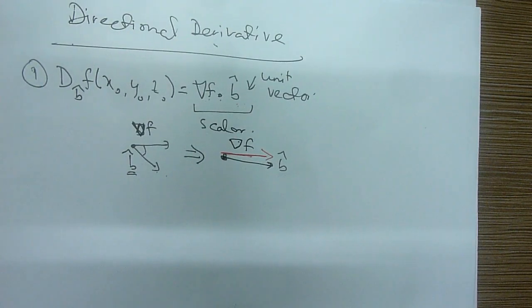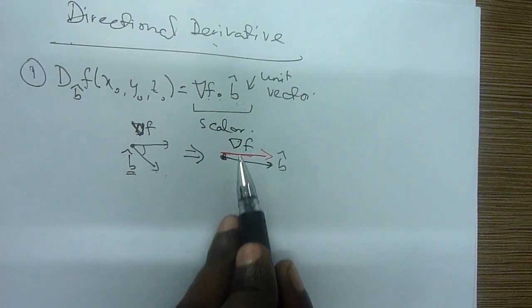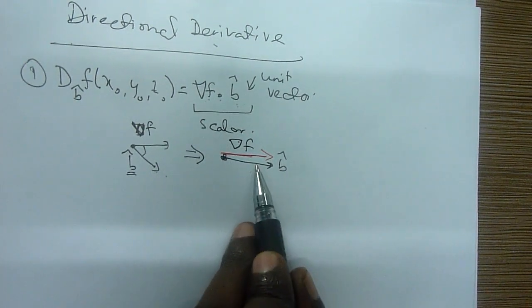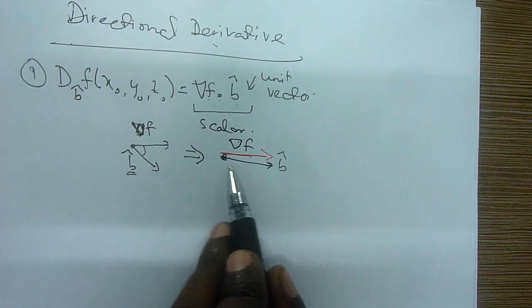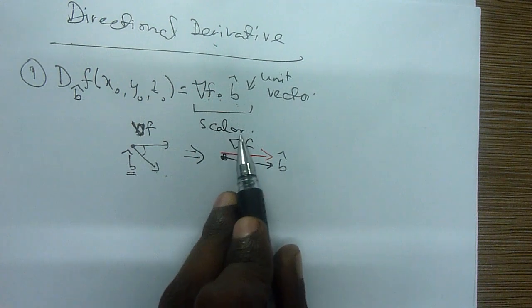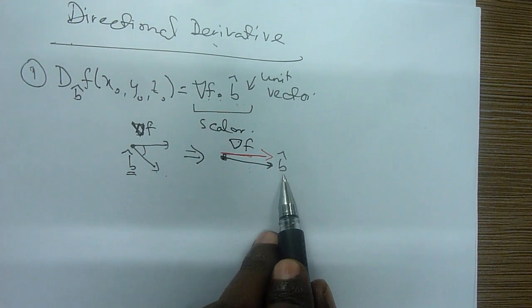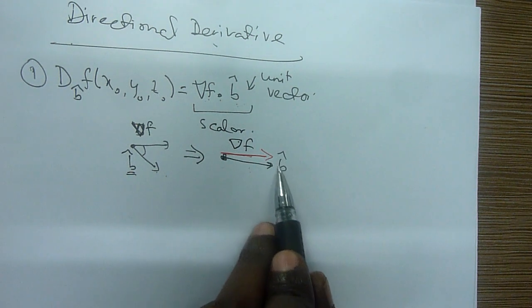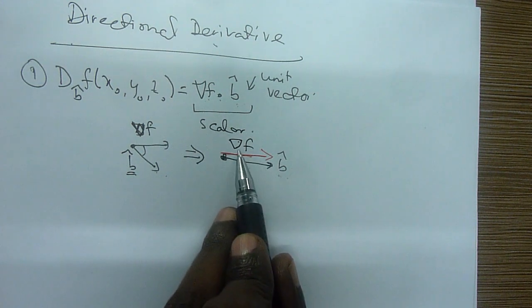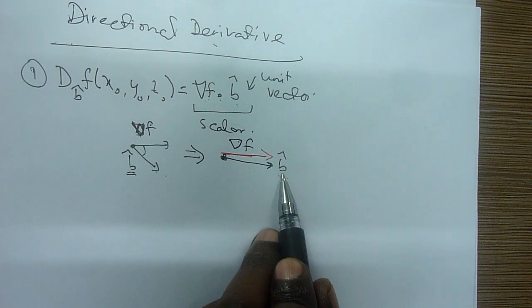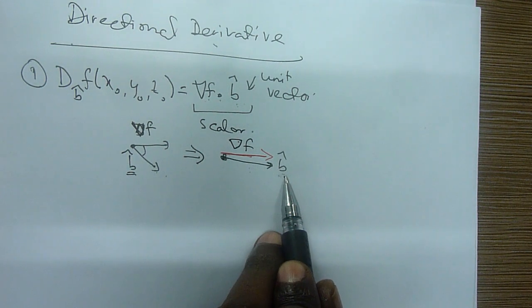Can I observe this in a parallel line where I can see both in the same direction? When I do that, what is the significance? I am able to calculate the value of this f in this perspective, in the unit vector of b. I am able to calculate del f in the direction of the b unit vector.